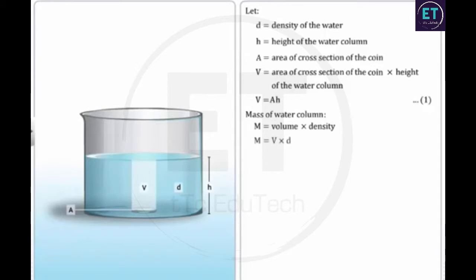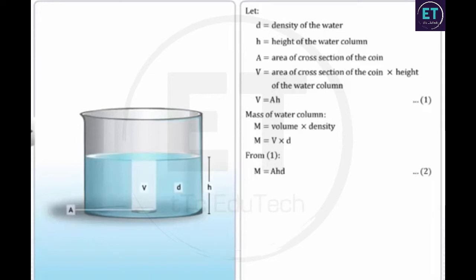Thus, M is equal to V multiplied by D. Substituting equation 1 in the expression for mass, you get equation 2. That is, M is equal to the product of A, H and D.